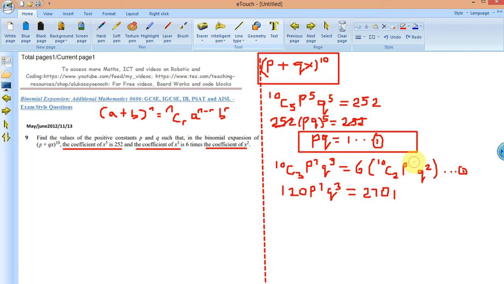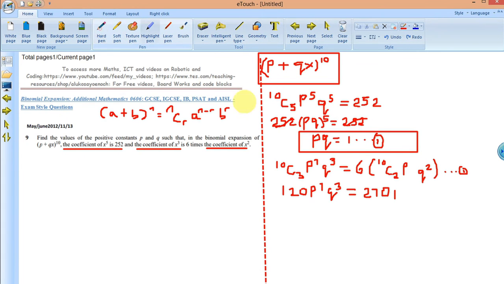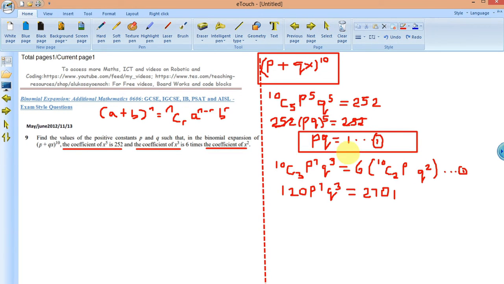This is 8, because this is n minus r, so 10 minus 2 should give me 8. Another thing you should note, so that you don't make mistakes, is that the sum of these should be 10. The sum is 10. So p8, that is p raised to the power 8, and q raised to the power 2.